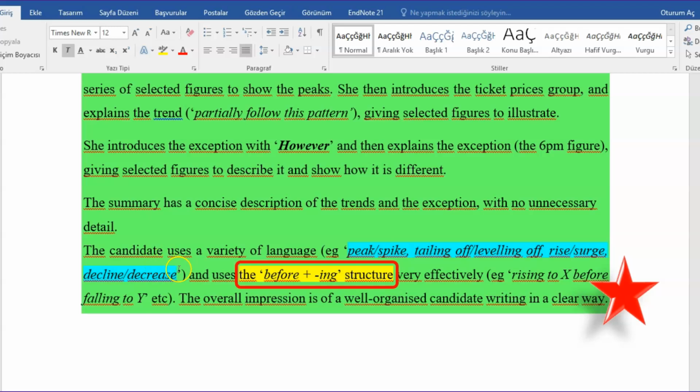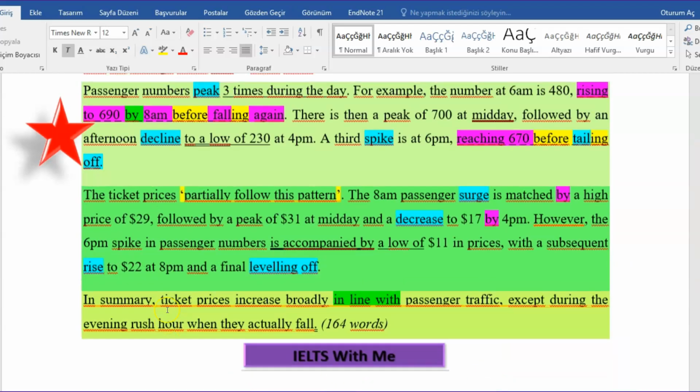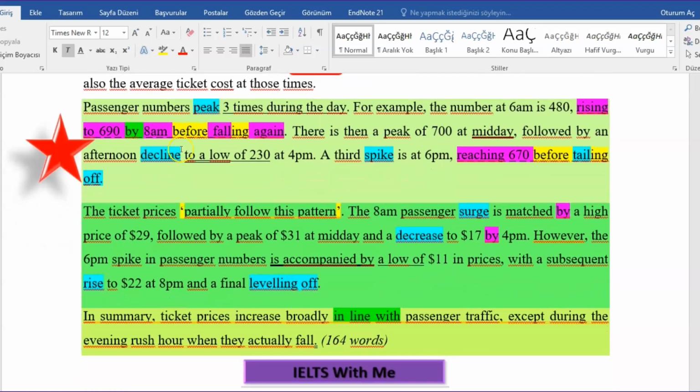The candidate uses a variety of language, for example peak or spike, tailing off or leveling off, rise or surge, decline or decrease, and uses the "before plus -ing" structure very effectively: rising to X before falling to Y, before falling again, before tailing off.